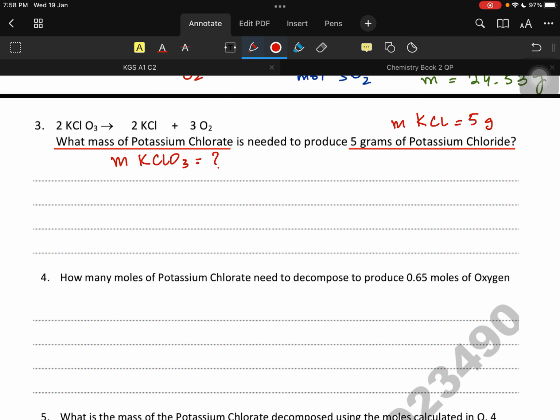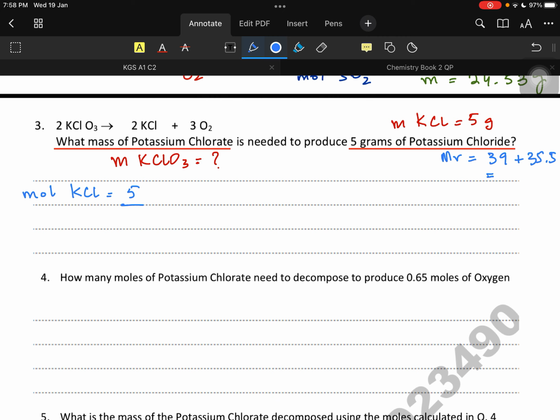But we know one thing. We find the moles of the given quantity first. So we need the moles of KCl so that we can proceed further. It would be 5 divided by the Mr. For potassium chloride, the Mr should be equal to 39, which is potassium, plus 35.5, which is chlorine.